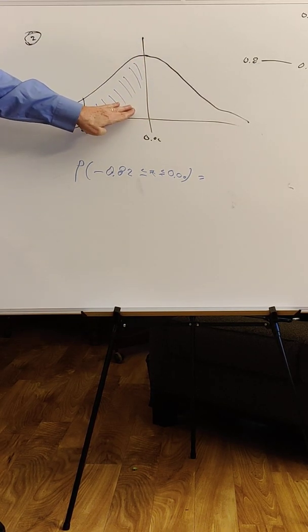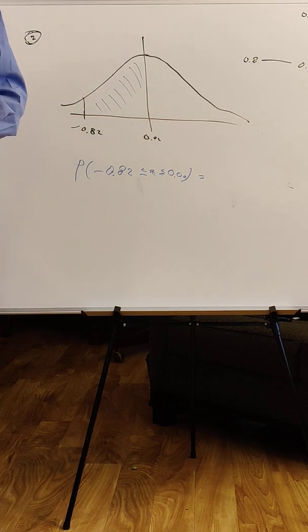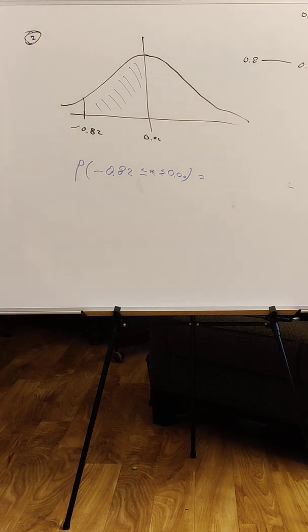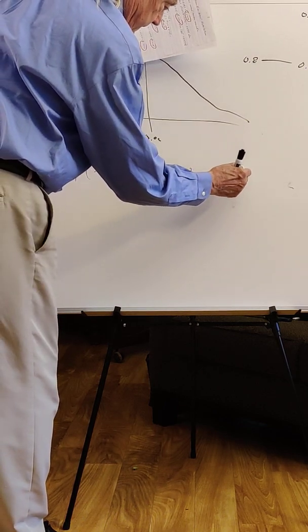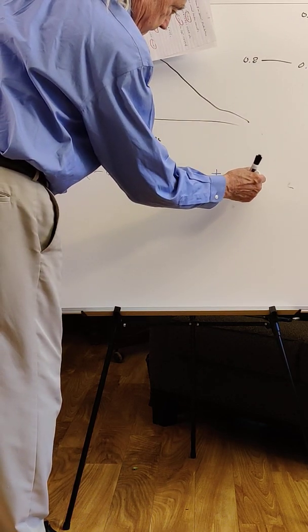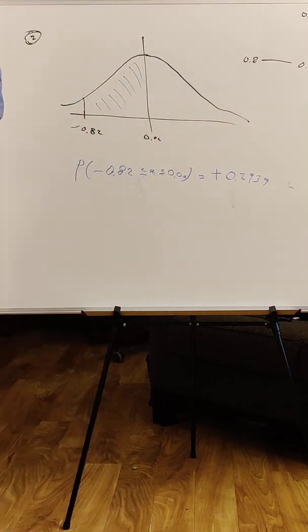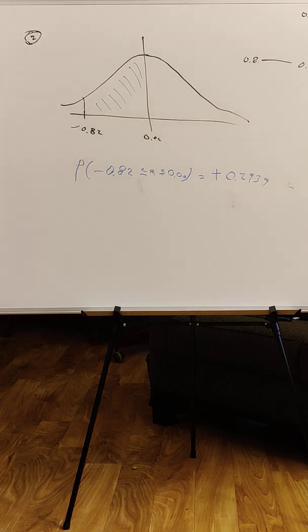So this region has the same size exactly as the previous one. So the answer is the same as it was. It's 0.2939. It's plus 0.2939, not minus 0.2939, even though this is a negative Z value here.